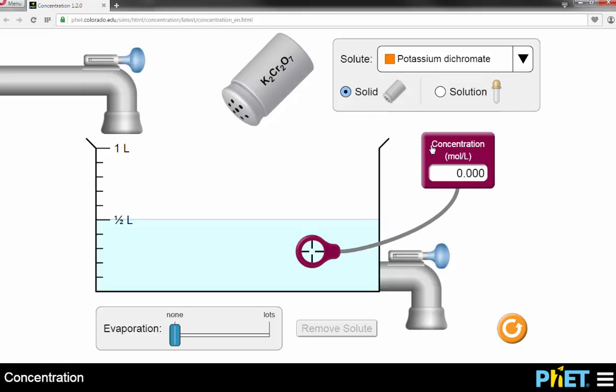Now, one of those differences that I mentioned between this simulation and your lab is that this gives concentration in moles per liter. So this is how many moles of this potassium dichromate are dissolved per liter of water. To make it more consistent with the lab, what we would have to do is look up what the molar mass of potassium dichromate is.